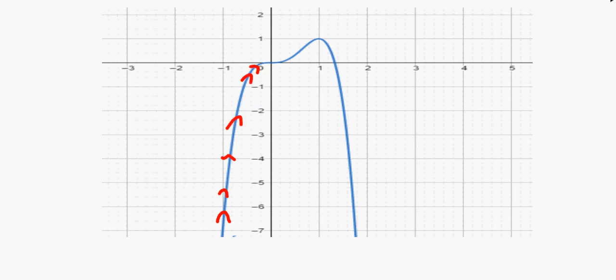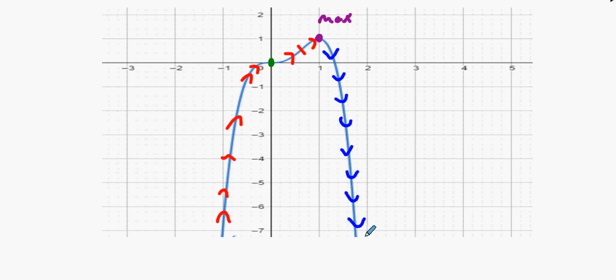I think it encounters a point of inflection here, doesn't it? What does that mean? For a second it's going straight across, isn't it? And then it's still increasing. And then what point is this? Which is the max. And then all the way down, the blue section, it's decreasing.